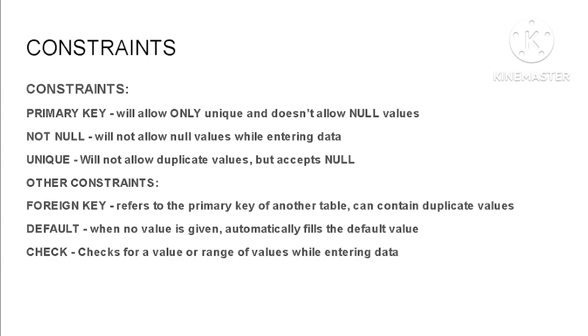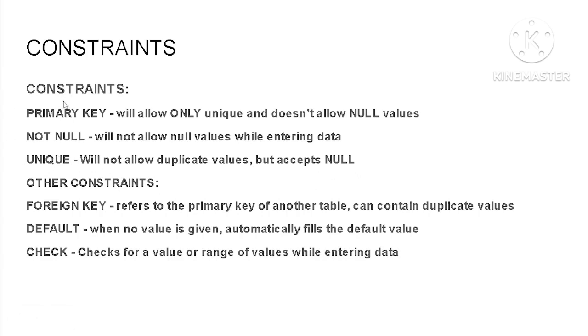Or in case you are getting the Aadhaar number of students, the Aadhaar number should be unique. It cannot repeat, so it cannot have any duplicate values. So you can give unique in that. But in case you don't know the number, you can leave it null. When you set something as unique, that field can contain a null value.